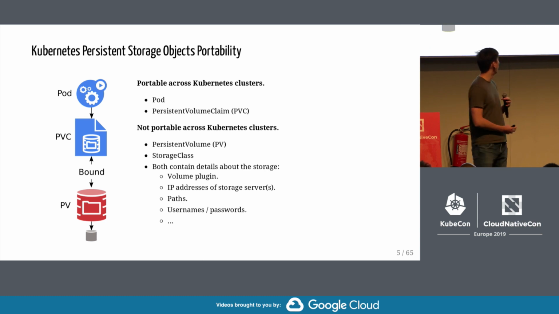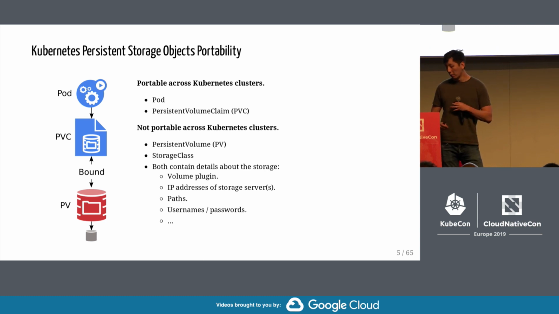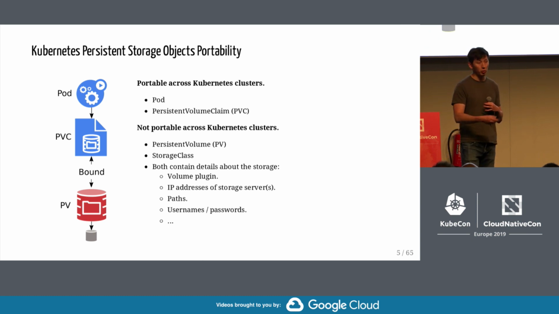So let me talk a little bit more about the portability side. The persistent volume claim only contains very basic information that the user workload requests of storage. We'll talk a little bit more about what is inside it later, but it only contains very basic requests. You can make these types of requests on any type of cluster, on any type of underlying infrastructure, right?